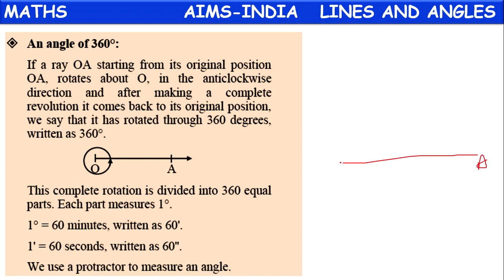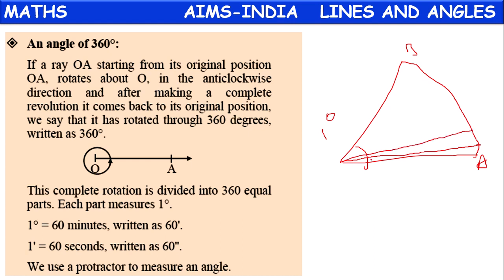And again, if this is 1 degree, and this 1 degree is made into 60 equal parts, then each part will be considered as a minute.